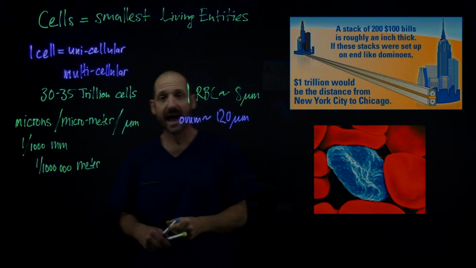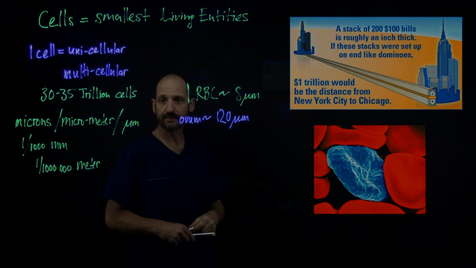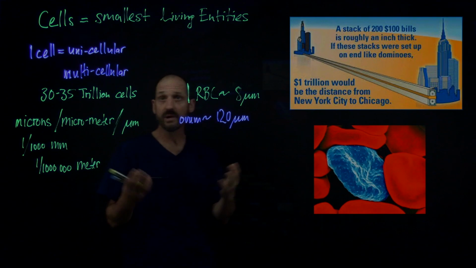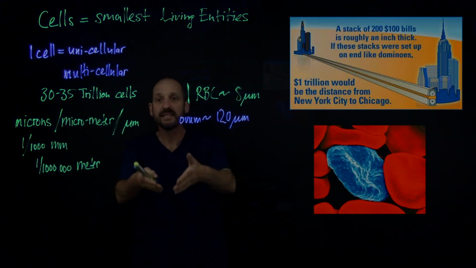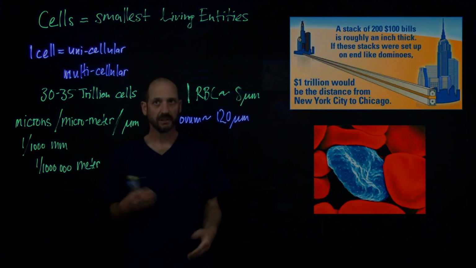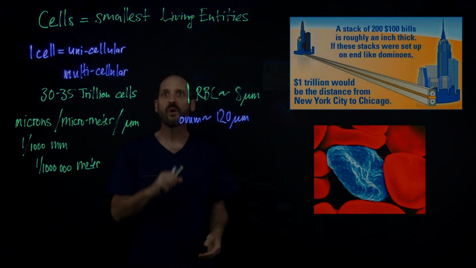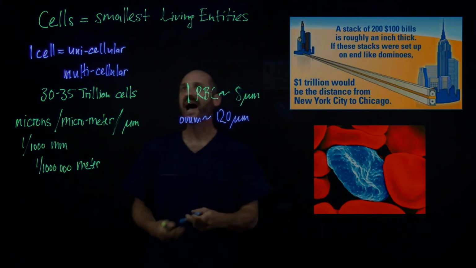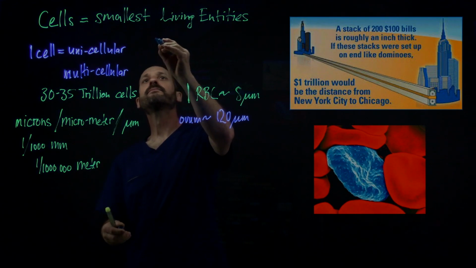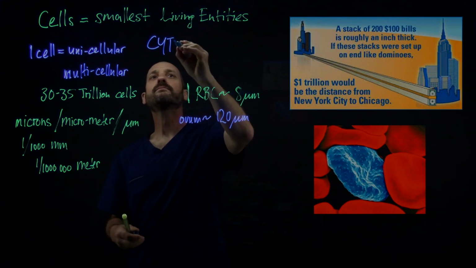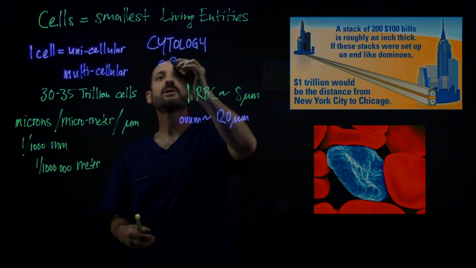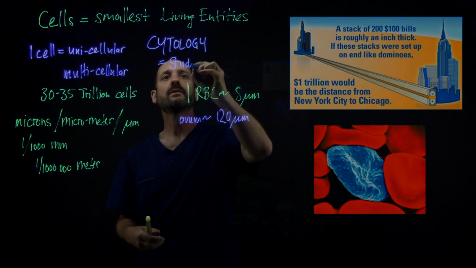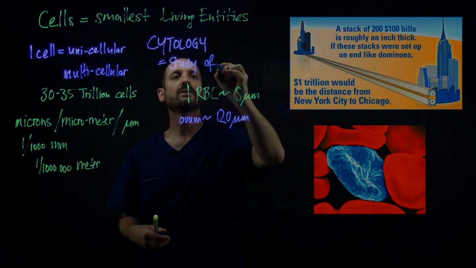And we can see that one with the naked eye. We certainly need some serious magnifying glasses to see these tiny things. Oh, and before I forget, the term cytology is the study of cells.